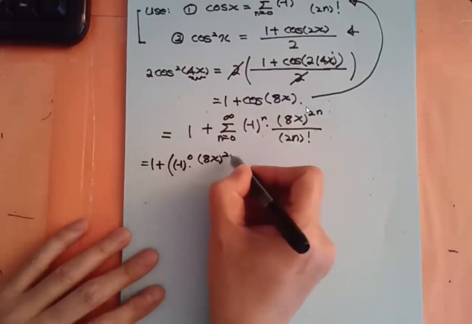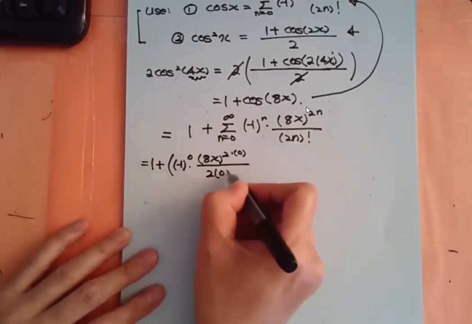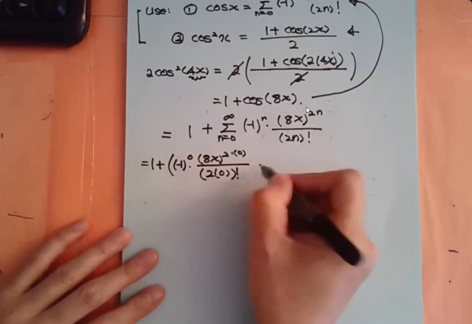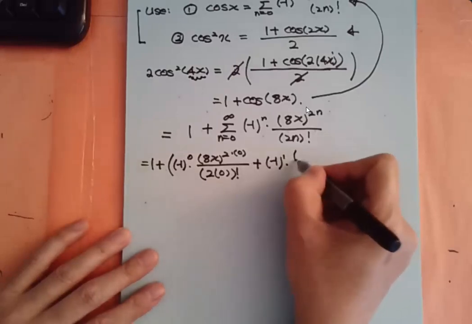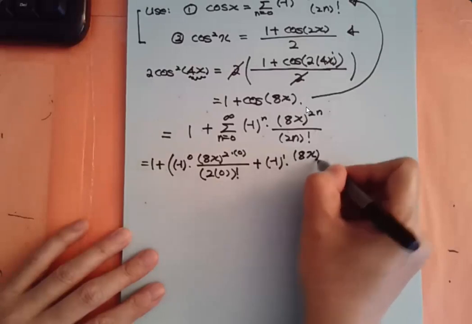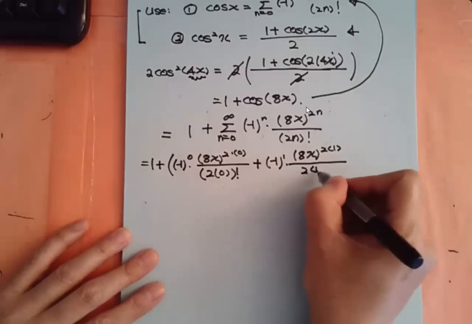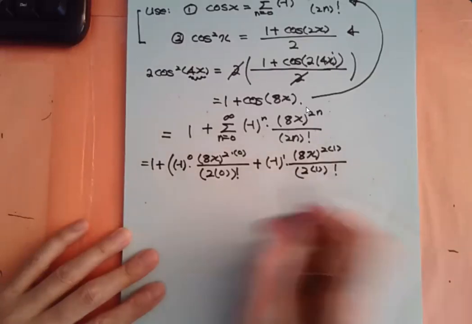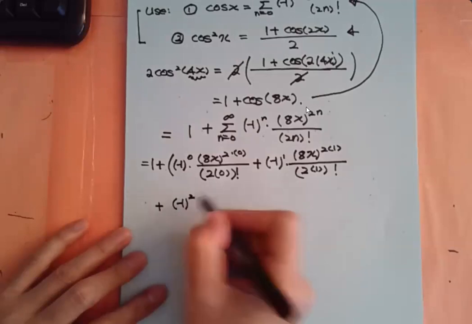8x to the 2 times 0 power over 2 times 0 factorial plus negative 1 to the 1 power times 8x to the 2 times 1 over 2 times 1 factorial plus negative 1 to the 2 power.